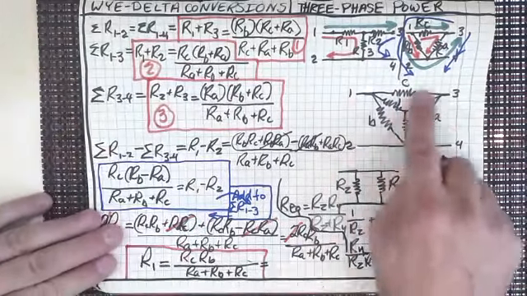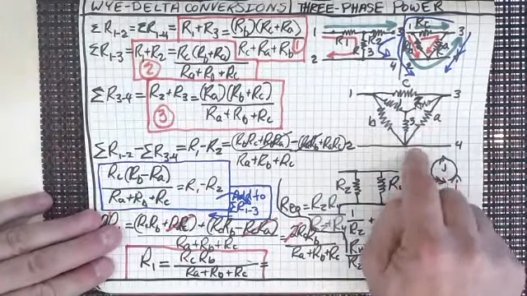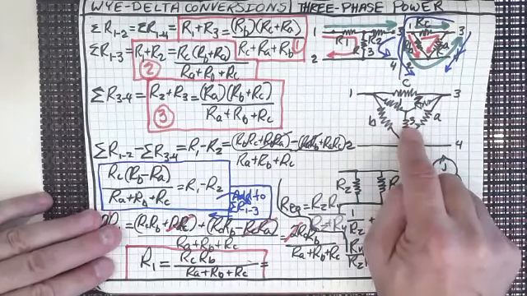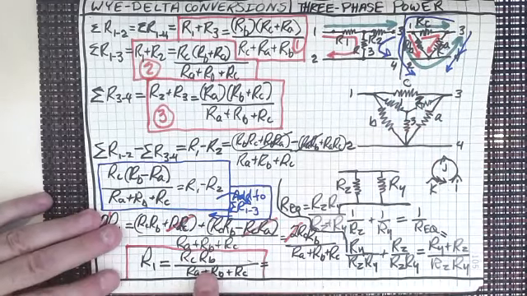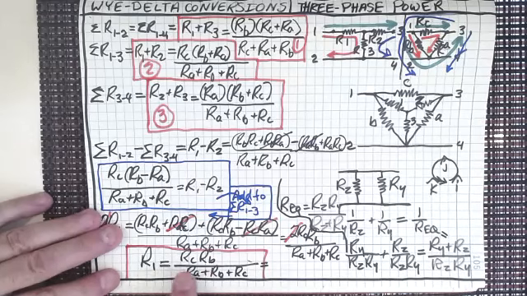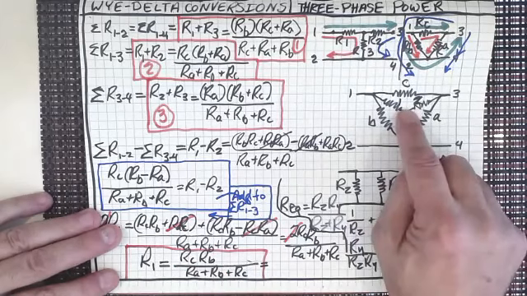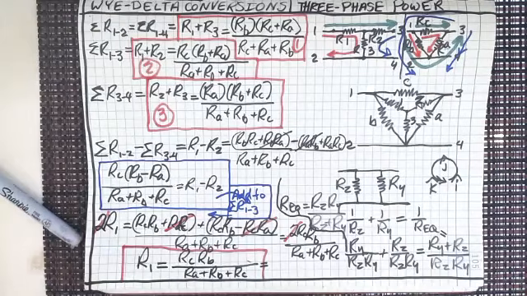Because if you look at this schematic, it's got a delta, and then overlaid on it, it's got a Y, doesn't it? Look at this. R1 equals R sub C times R sub B. How does that fit on our schematic here, right?